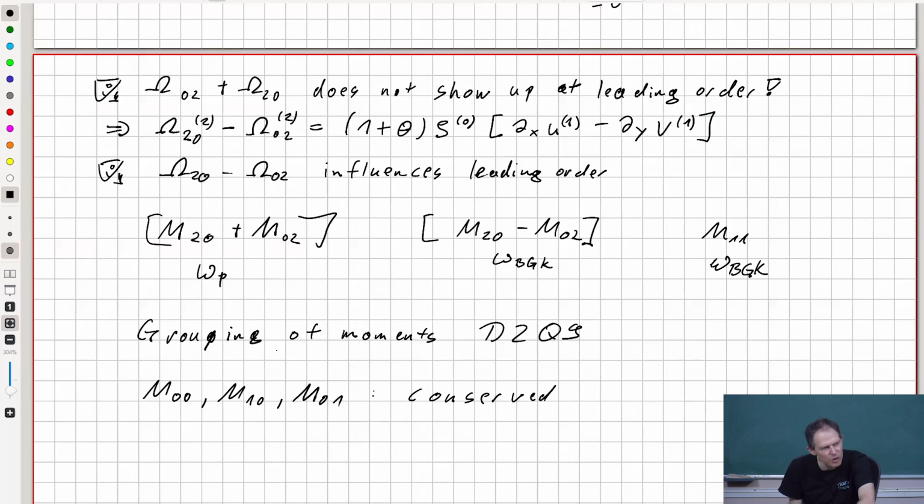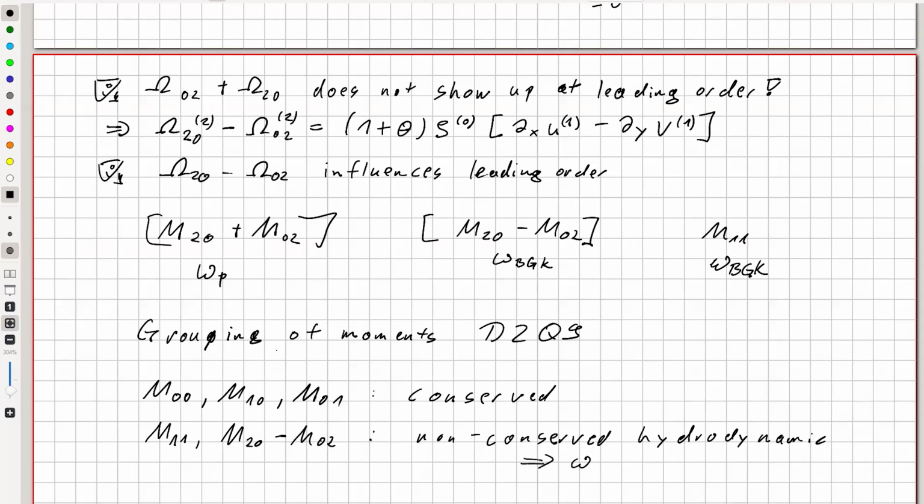These we do not want to relax. Then we have M11 and M20 minus M02. These are the so-called non-conserved hydrodynamic moments. They are called so because they are required to solve the Navier-Stokes equation. So they need to have omega bgk.